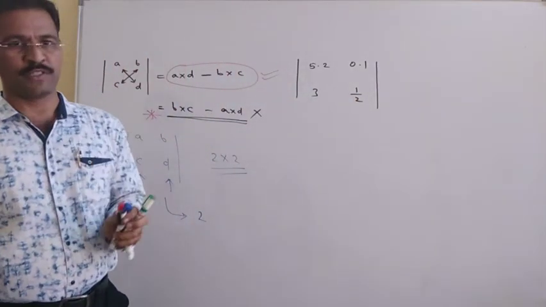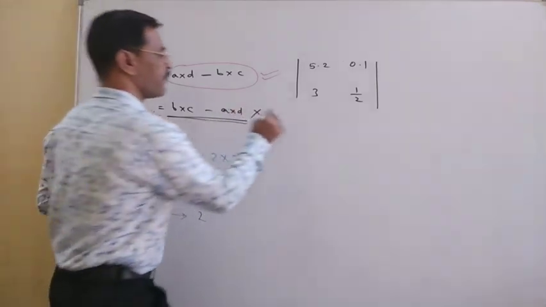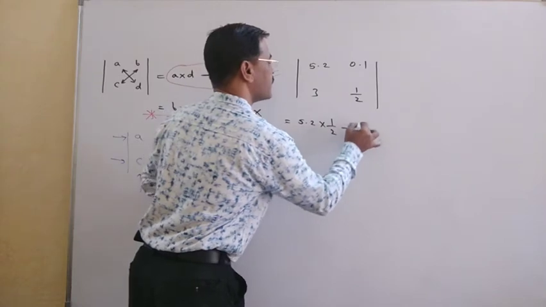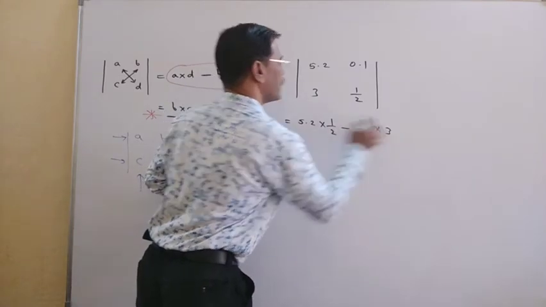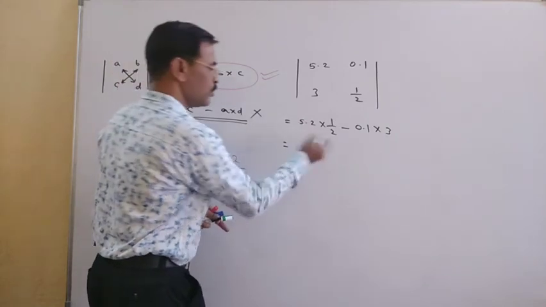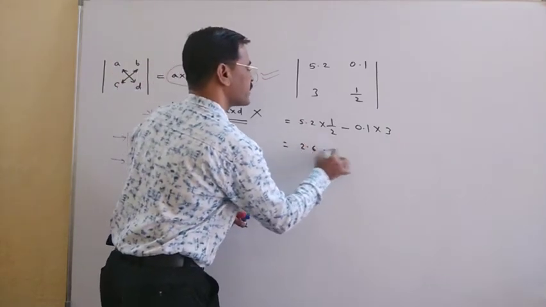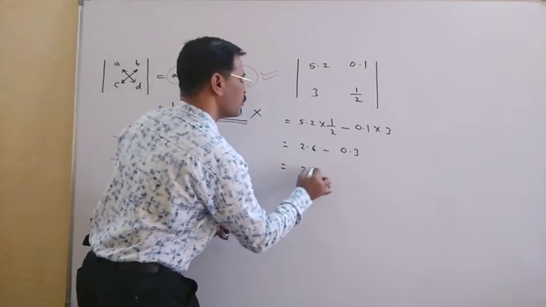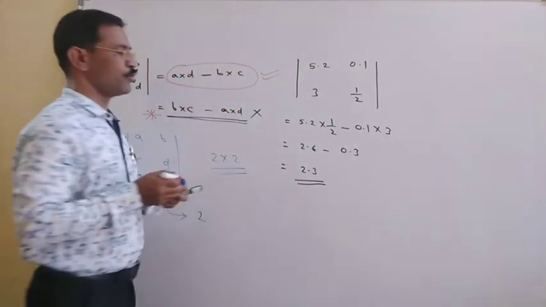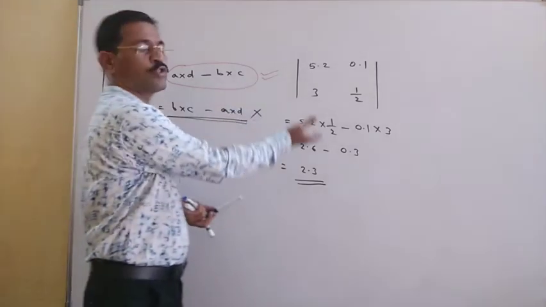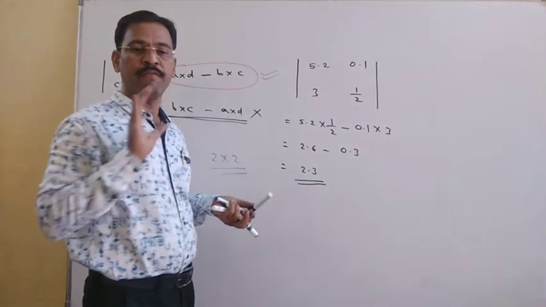The procedure is the procedure; just follow it. How do we find it? 5.2 into half minus 0.1 into 3. You can divide 5.2 by 2, so here it is 2.6 minus 0.3. Understand? So here it is 2.3. This is the solution. Sometimes only fractions will also be there. So this is very, very important.